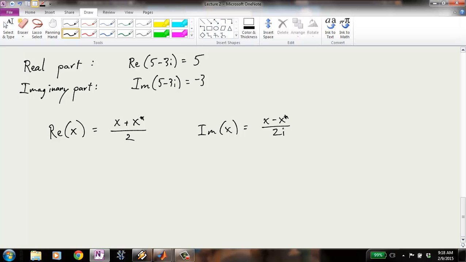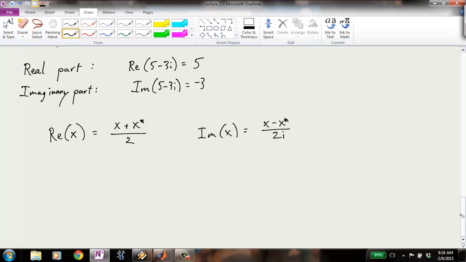Now from this we can actually get a new version of Euler's formula, one you are probably familiar with, but it's different than the one I've written already. Let's use this formula as an example. We have e to the ix. Euler's identity says it's cosine of x plus i sine of x.